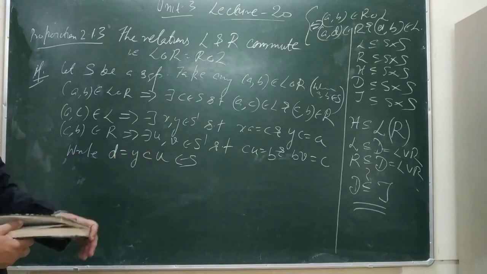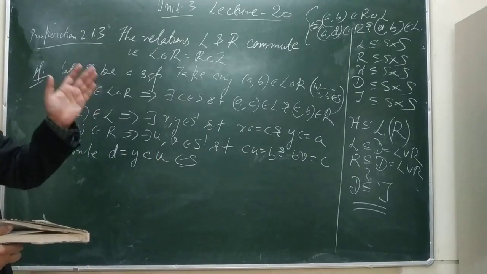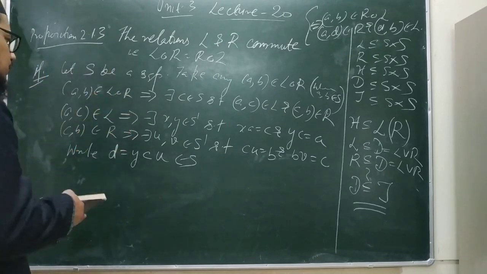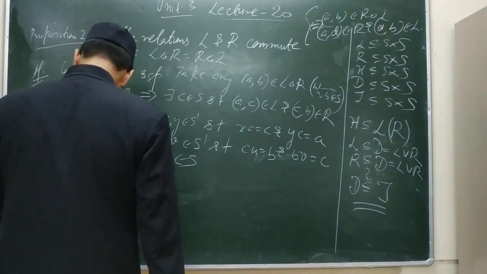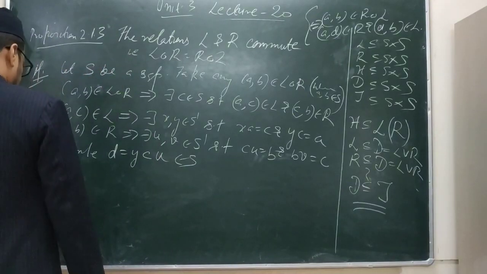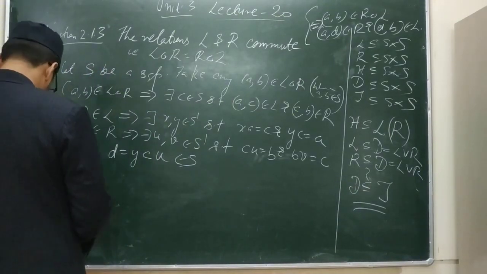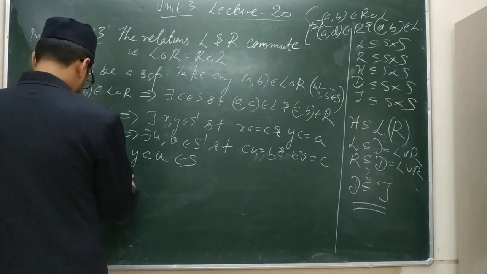Now we show that A, D goes in R and D, B goes in L. See how. Now AU is equal to what?